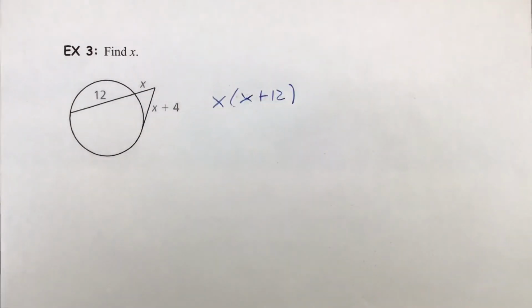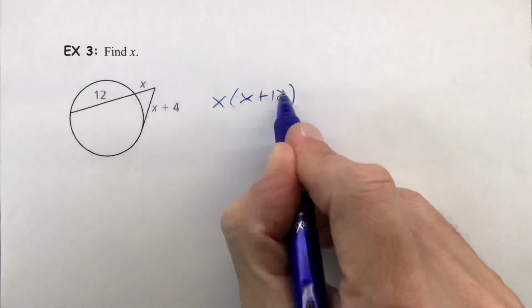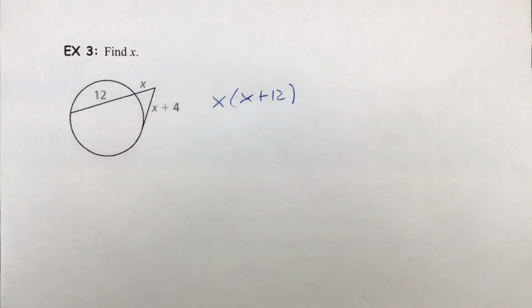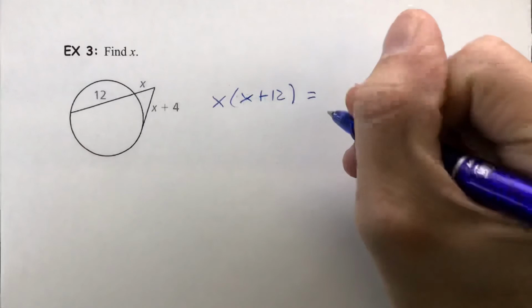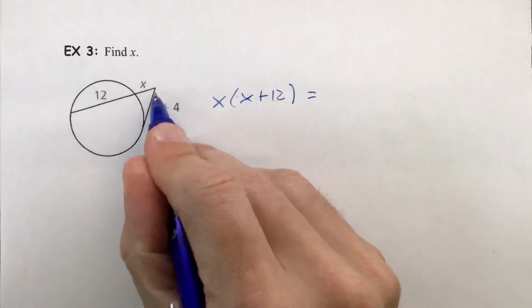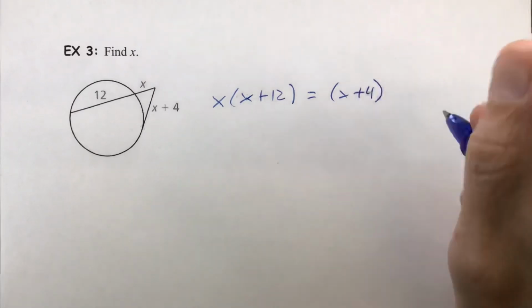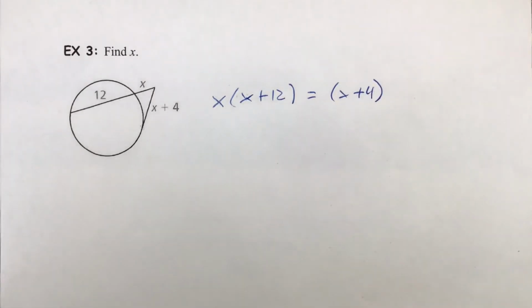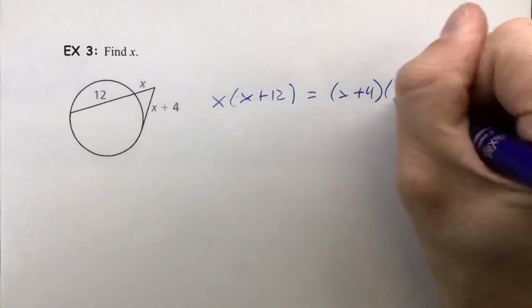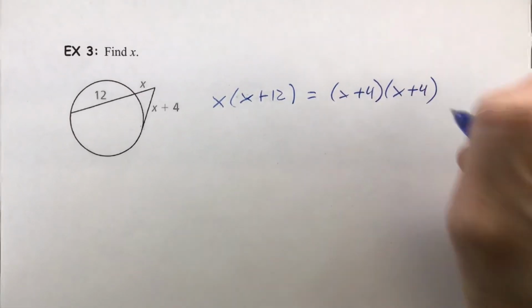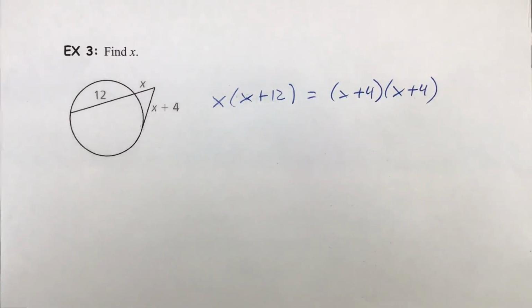That I'm going to go ahead and put in the front because we're going to use a little bit of distribution. That would also look a little bit better in that spot. That would be equal to the tangent segment squared, x plus 4. You could raise it to the second power, but for the sake of demonstration here, what I'm going to do is just go ahead and expand that out so you can see it written twice.